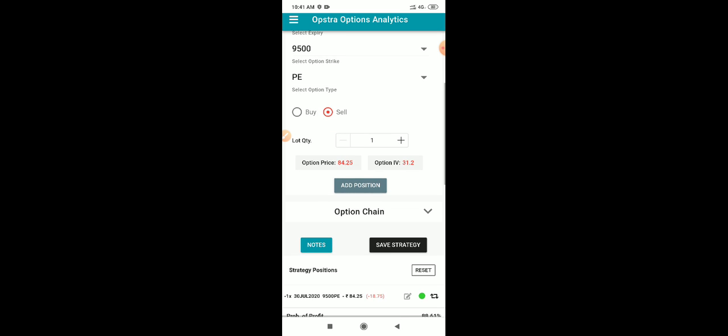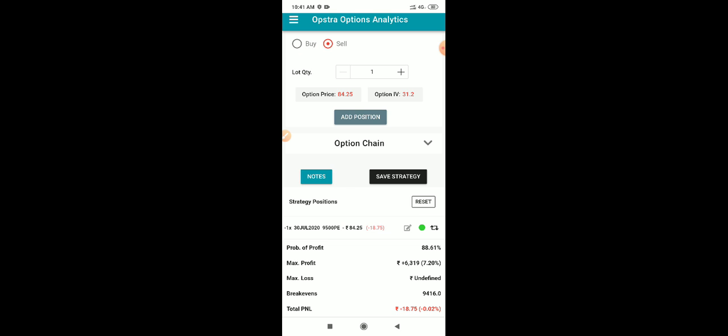It won't give enough room to adjust ourselves at the time of difficulties. So try to select monthly expiries only. Now I added 9,500 for selling.